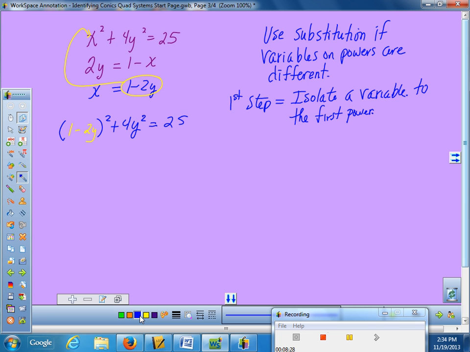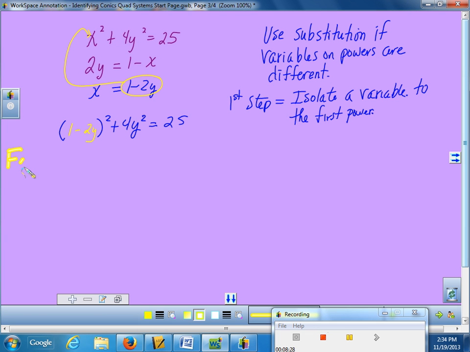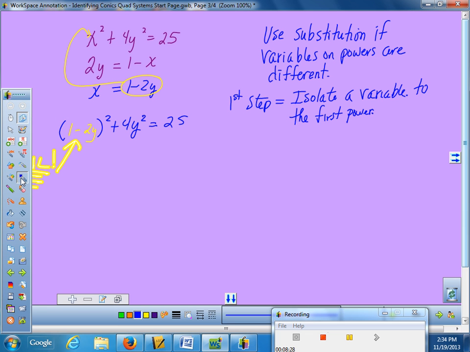You're going to get a 3-term trinomial. So I would really prefer that you remember. Can you tell I have troubles with this? Big time. So think of it as 1 minus 2y times 1 minus 2y. You've got to get that puppy boiled out.